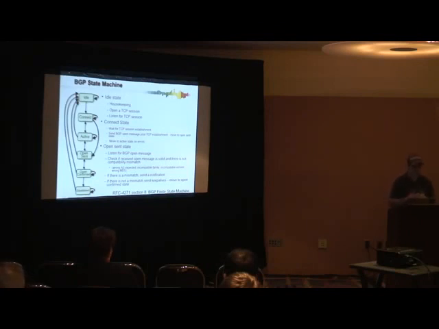Once you're in the open sent state, you're going to listen for the BGP open message, and you're going to check to see if you've received open messages that are valid and that you have compatibility match up. So if one side says I can do V4 and the other side says you can do V6, you're incompatible, you give up. You could have other issues with it. It could be the wrong AS.